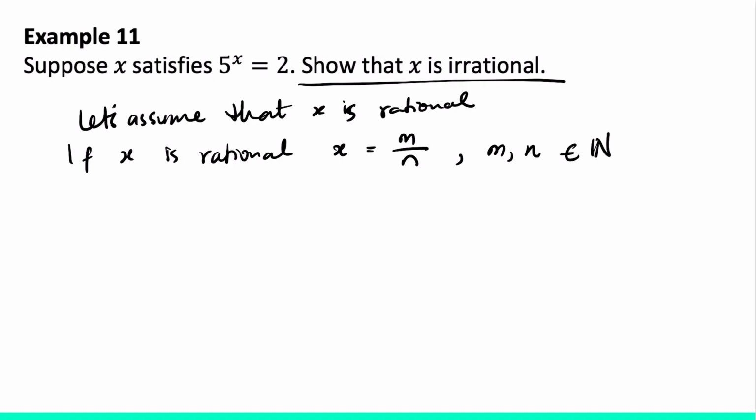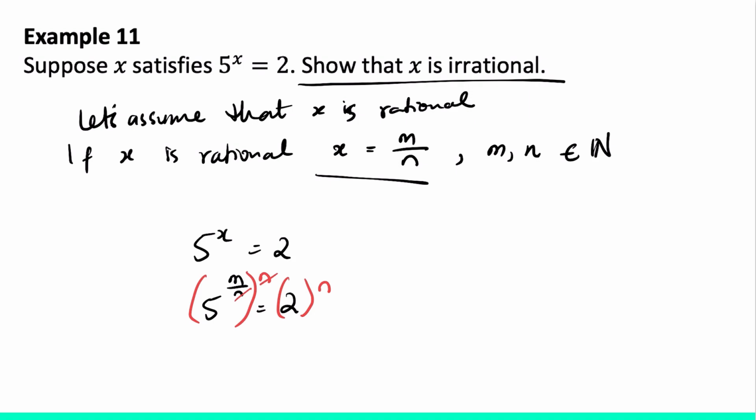So let's go ahead and apply this statement. So if we have 5 to the power of x is equal to 2, 5 to the power of m over n is equal to 2. Let's try and simplify this a little bit further. So I'm just going to get the n to the other side. So I end up with 5 to the m is equal to 2 to the n.